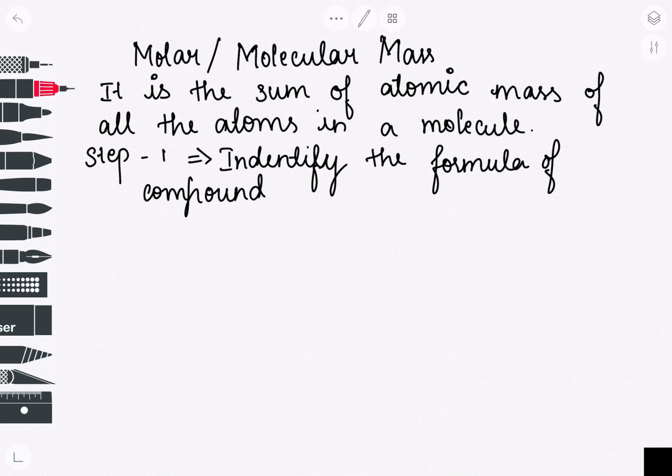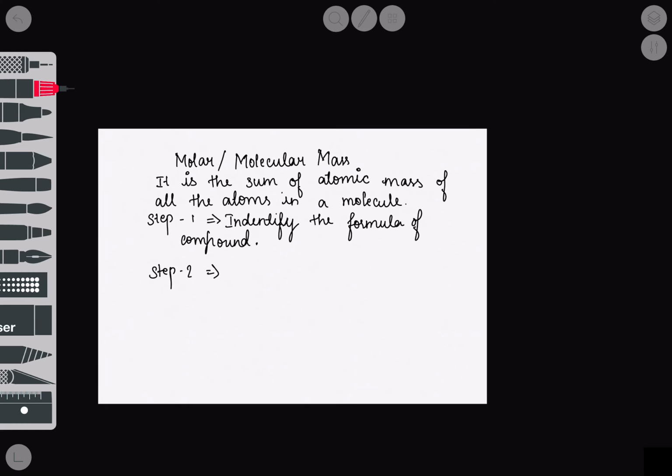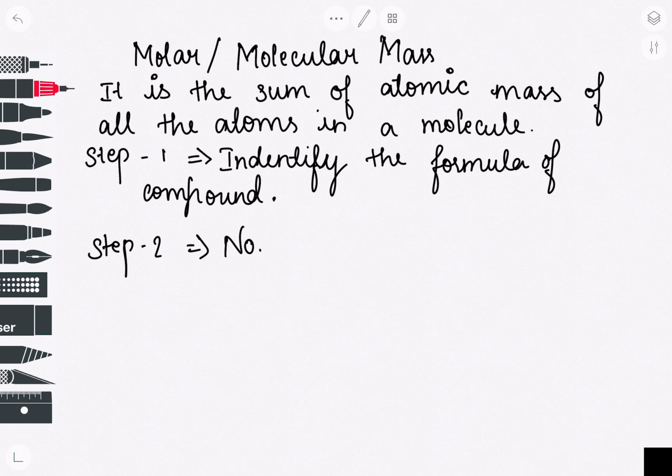Second, it is a kind of formula. Step 2: the formula is number of atoms into atomic mass of the particular atom.